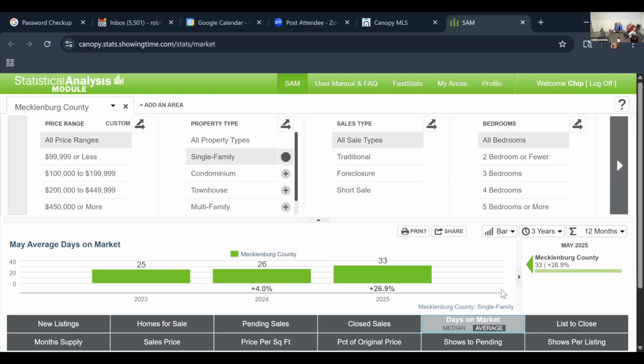So even how we interpret the numbers can paint a different picture in people's minds. 7 more days on average it's taken us this year compared to last year to get a contract on a single family home in Mecklenburg County.